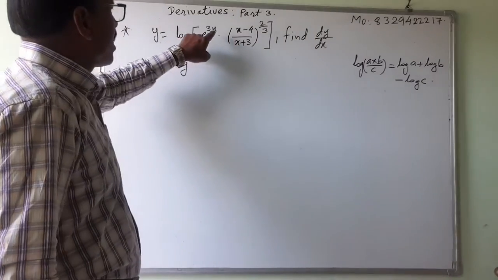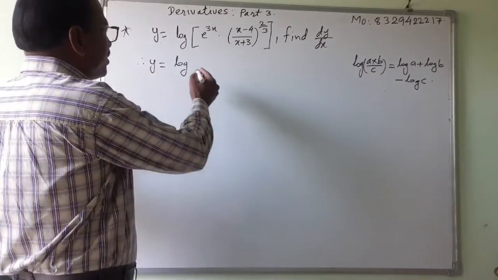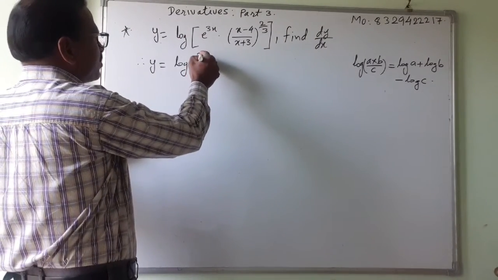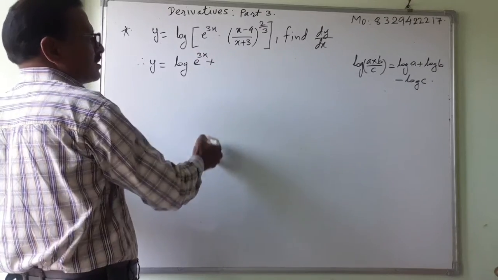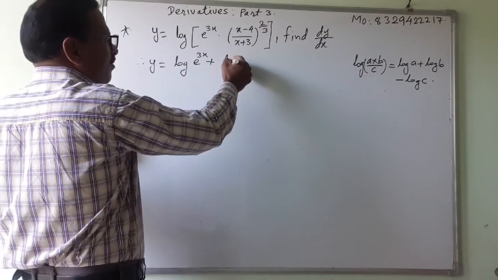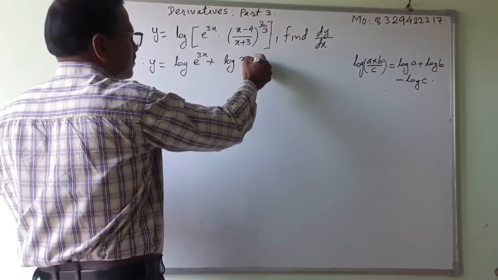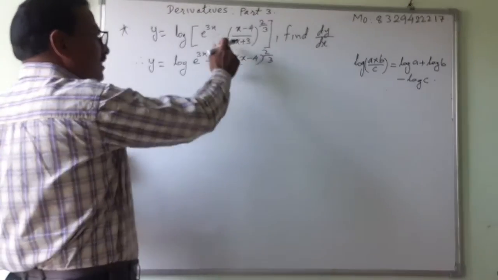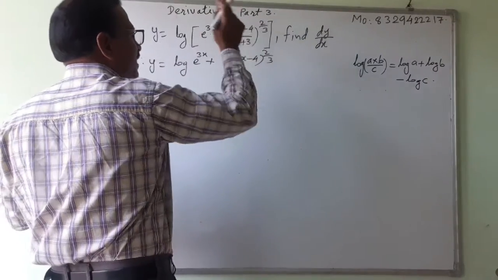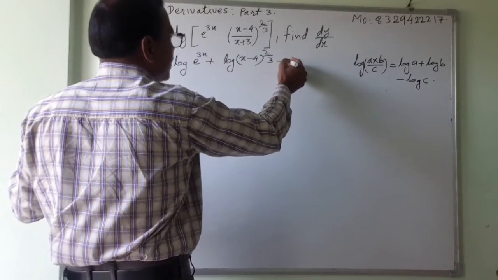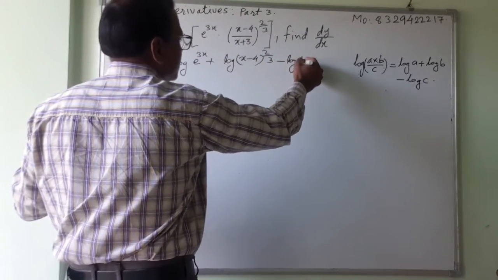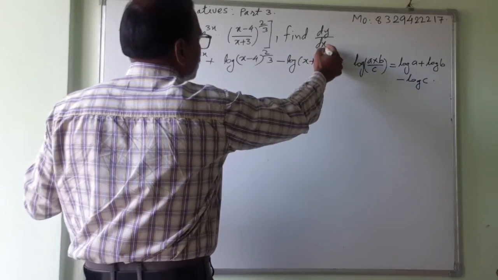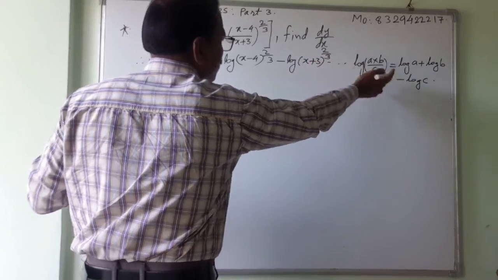So this above part is into, so log of e raised to 3x plus log of (x minus 4) raised to 2 upon 3, and this is the upon part. For this also the index is 2 upon 3, minus log of (x plus 3) raised to 2 upon 3, and you know this.